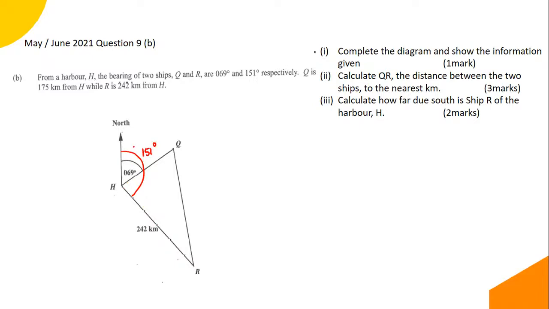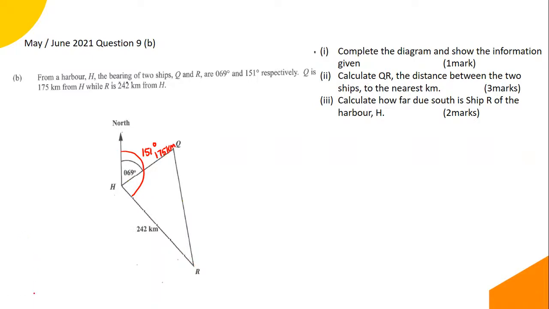Q is 175 kilometers from H, while R is 242 kilometers from H. Part 1 of the question said, complete the diagram and show the information given. And well, voila, that's what we just did.